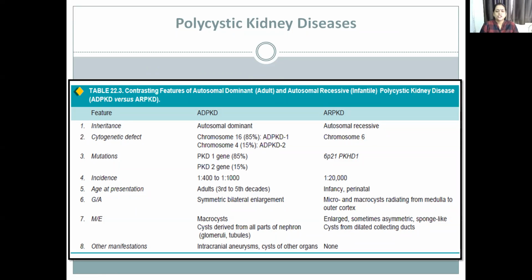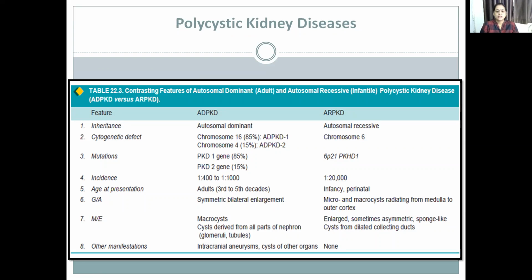You are seeing the genes, that is PKD1 accounting for adult polycystic kidney disease, that is polycystin, and ARPKD, that's fibrocystin. And then incidence, which is more common and which is rare. And then age at presentation, and symmetrical bilateral enlargement, macrocysts and fusiform cysts.